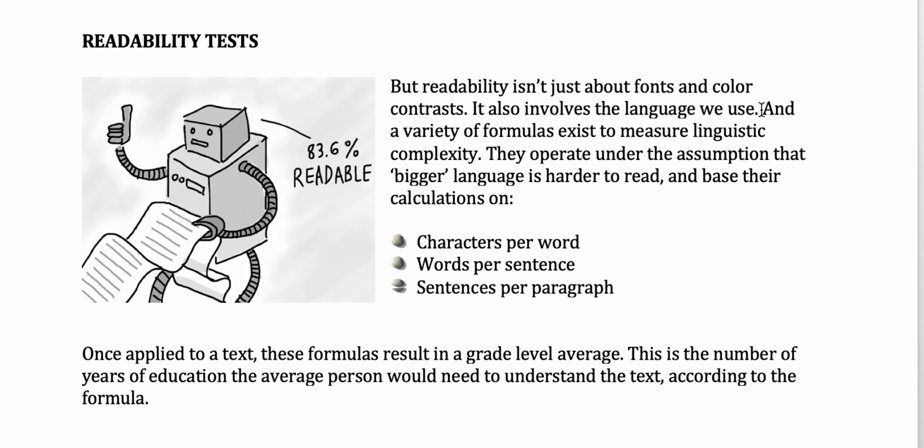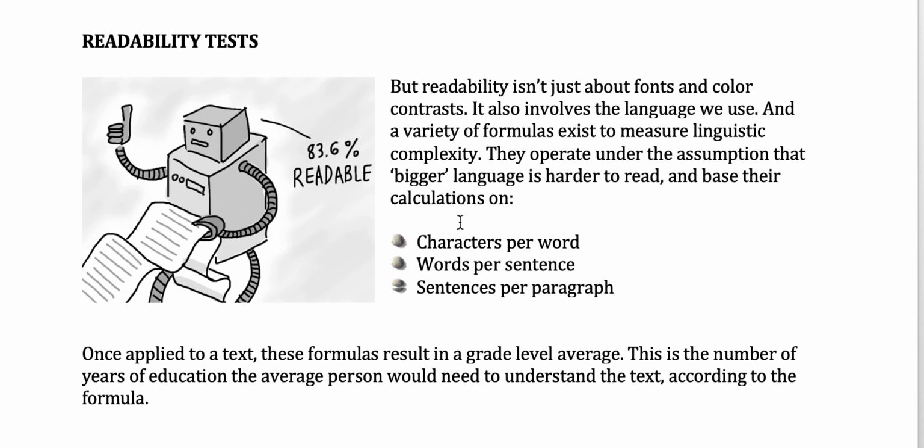There's a whole bunch of formulas that exist to measure the complexity of language, and they've been around since the 1950s. They operate under a pretty simple assumption that bigger language is harder to read, so they base their formulas on characters per word or letters per word, words per sentence, and sentences per paragraph, and then they give you some kind of a grade level average.